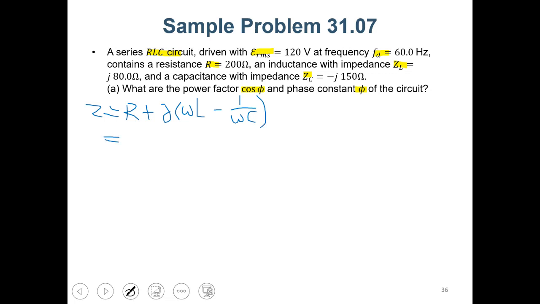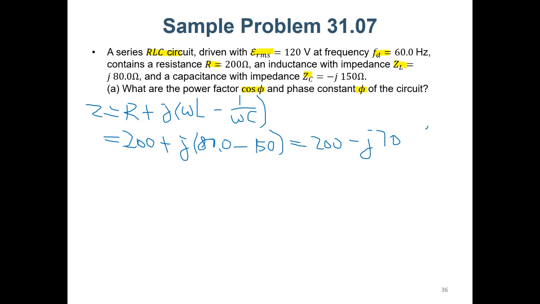So R is 200, and we will have Z_L is j80.0, and Z_C is minus j150. So Z is 200 minus j70 ohm. This is the impedance of this RLC circuit.